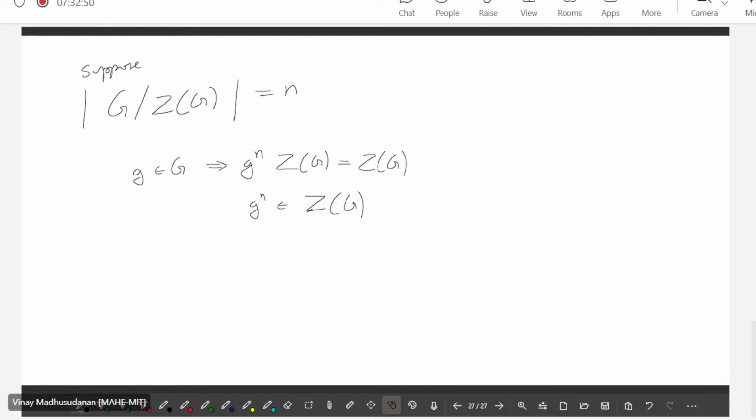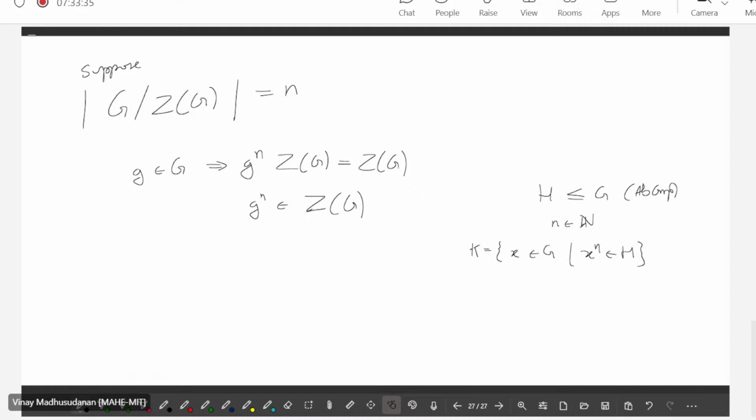Anyway, the question was: if H is a subgroup of an abelian group G, then you define a subset of this form and show that it is a subgroup. Question is, H is some subgroup of an abelian group G. Define the subset of X belonging to G such that X power n is in H for a fixed n. Show that K is a subgroup.